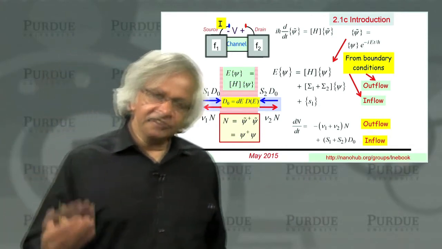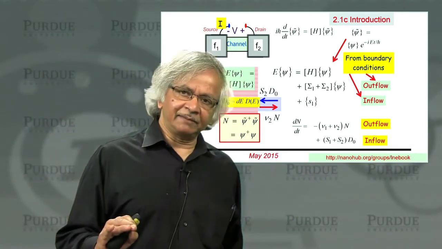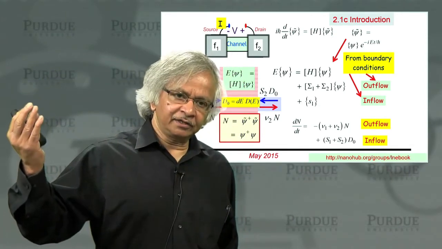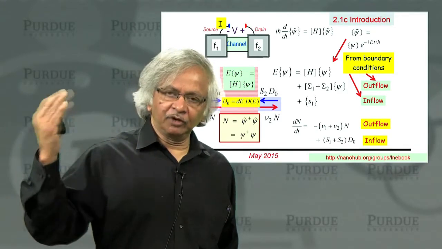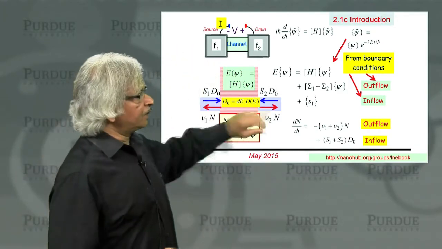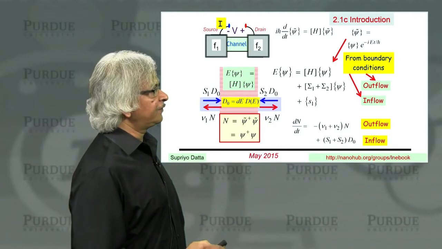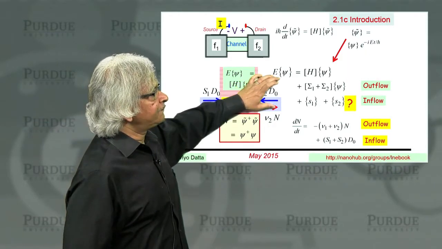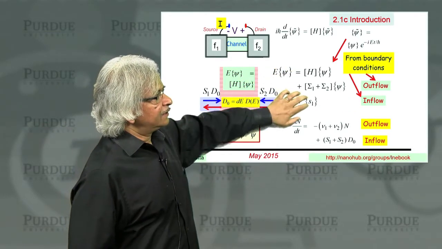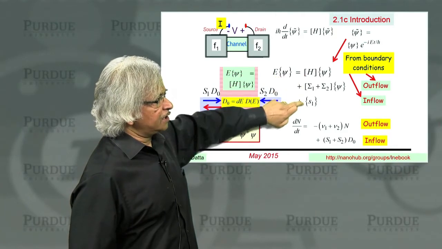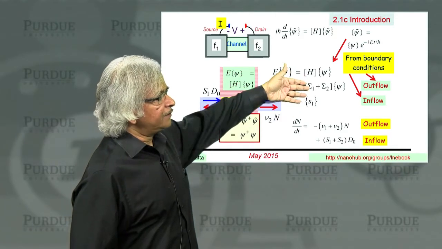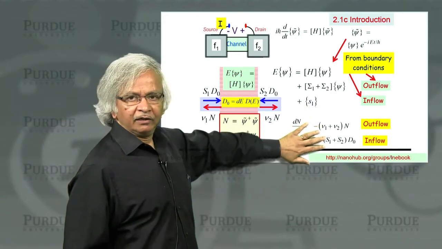Later in this unit, we'll do some 1D examples. In the next unit, Unit 3, we'll be doing more advanced examples. But for the moment, we focus on how these additional terms can be related to outflow and inflow.